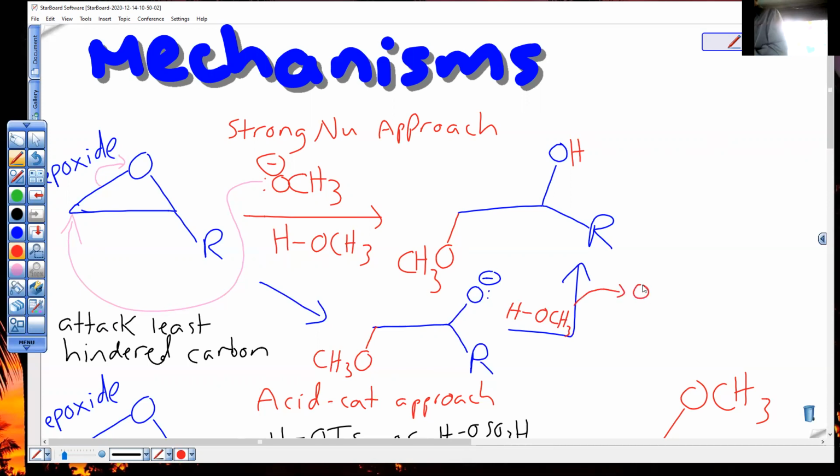So OCH3 minus can be thought of as a catalyst here: we used it and we regenerated it. The nucleophile will not always be a catalyst, but in this example, it fits the definition. Please finish the mechanism. O minus grabs H. Sigma becomes lone pair. There's your OCH3 minus. So a very straightforward mechanism. I know you like that mechanism.